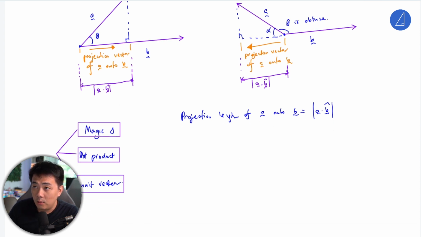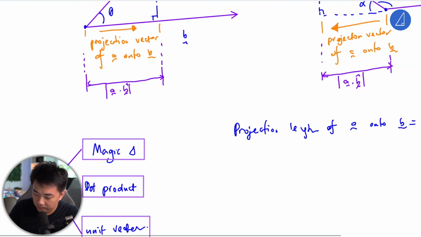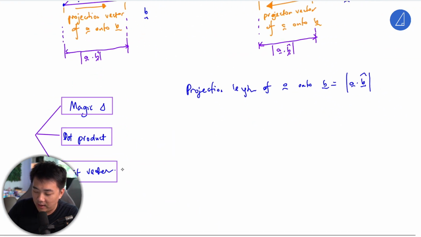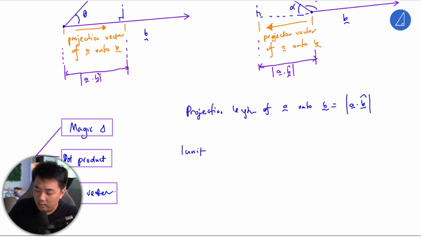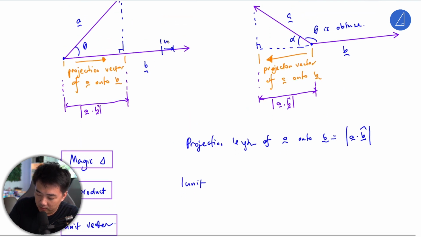Then secondly, what we need to understand, and the more important thing, is the unit vector. The idea of a unit vector is that for every one unit of length parallel to B, if I cut out one unit here, that one unit corresponds to the B unit vector.